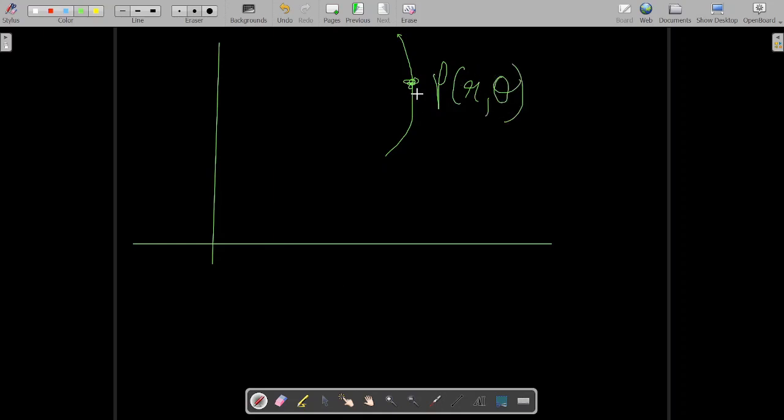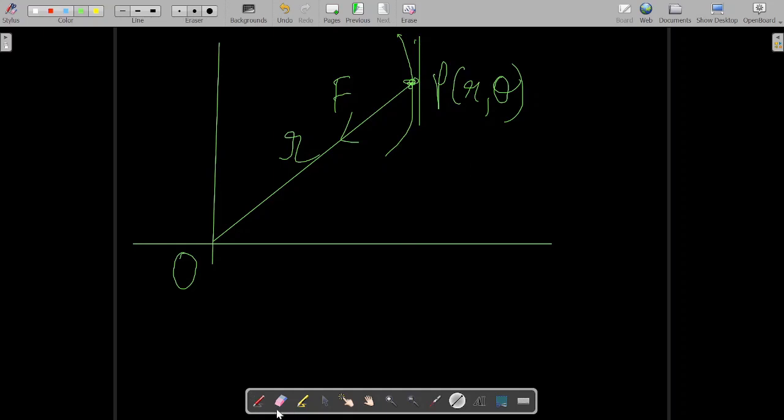From here, this is your point O. From here till here, this is your radial vector. And this is your F, force per unit mass. And this is your tangent to this particular curve.